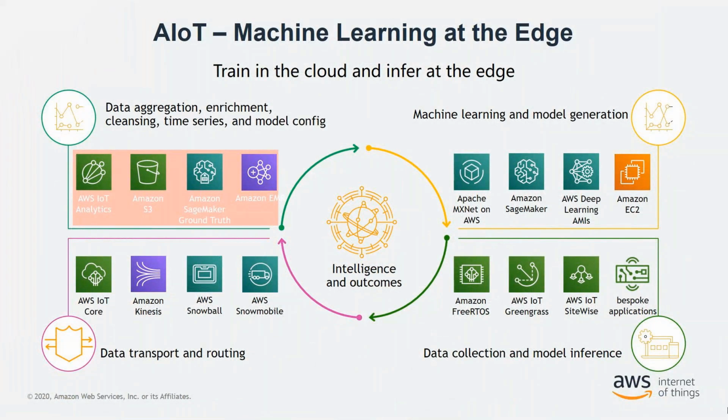So let's see how we do that with the services in the upper left-hand corner using IoT Analytics, storing it in S3, maybe doing some labeling by leveraging SageMaker Ground Truth, and using Amazon EMR for mass scale slicing and dicing of data.